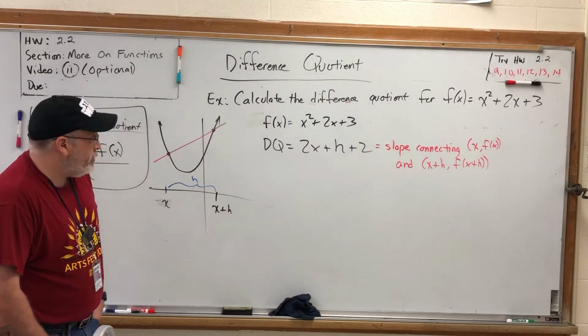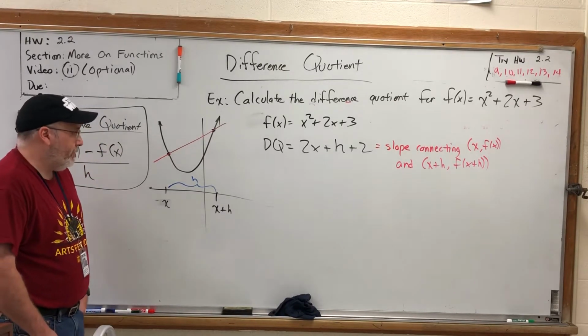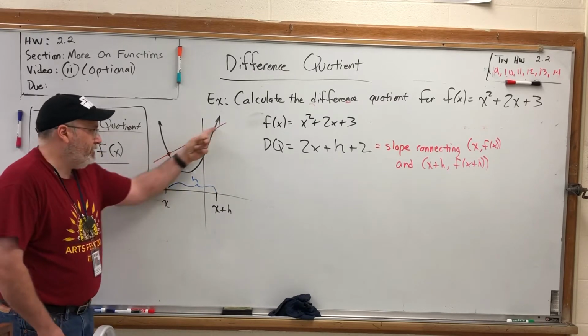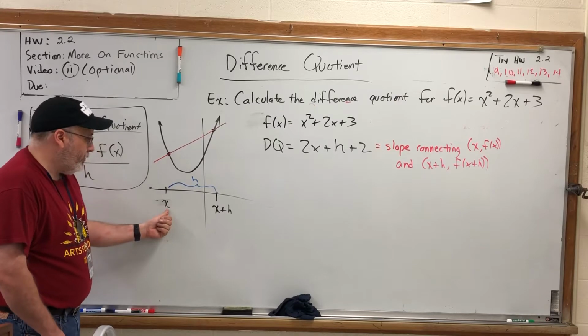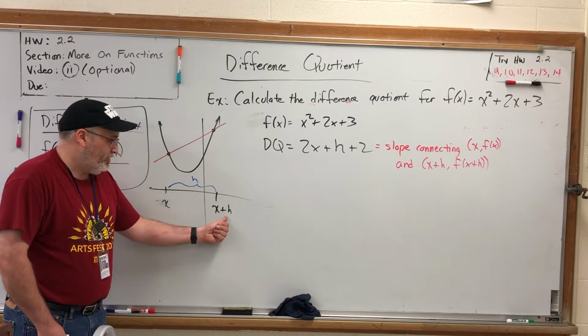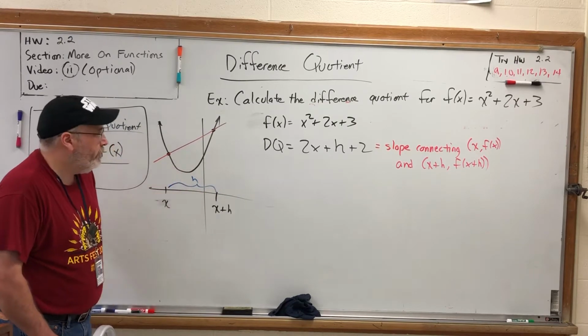I want to remind you of a few things before we start though. Number one, the genesis of difference quotient was to calculate the slope of a line connecting 2 points on any graph, where the first point's x-coordinate was generically represented with x, but the second one was represented with x plus h, where h represented the distance between the 2 points.